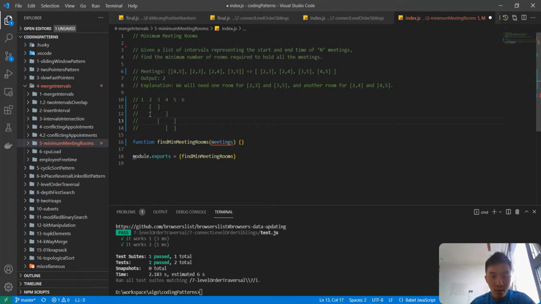Same for here, 2 and 4 and 4 and 5 don't overlap, right?